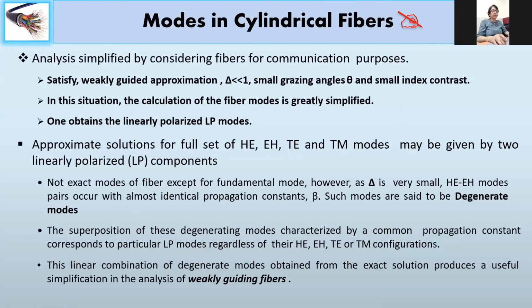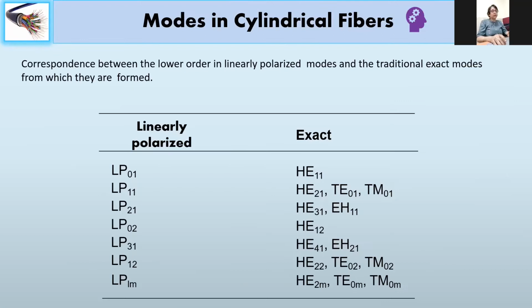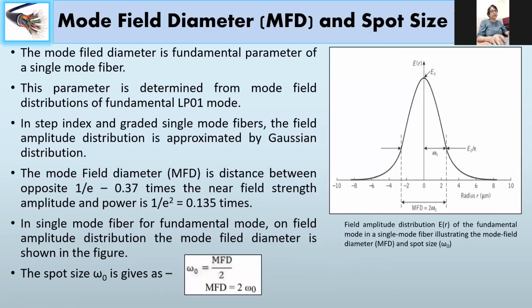Modes in the cylindrical fibers are HE and linearly polarized components, and this is just to show you all the modes that are traveling. LP01 is the fundamental mode, and under single mode transmission, only HE11, that is LP01, exists.